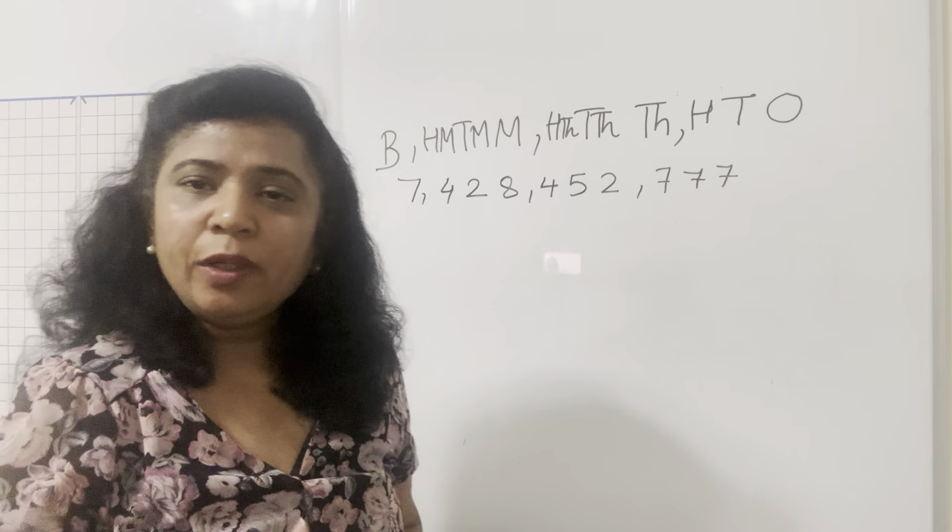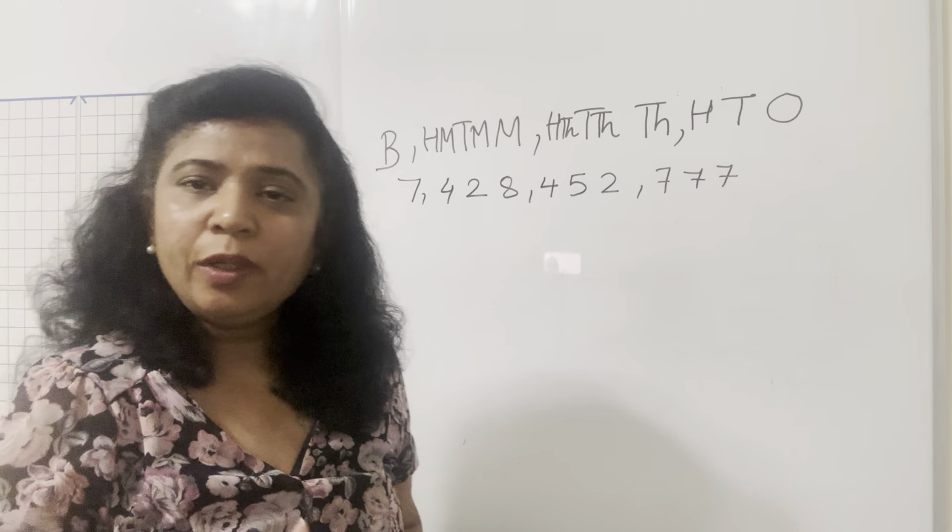Now we will learn how to write this in expanded form. Okay. So this is standard form and we are talking about expanded form. Which is very important because then only you will know how many zeros are there. Okay.